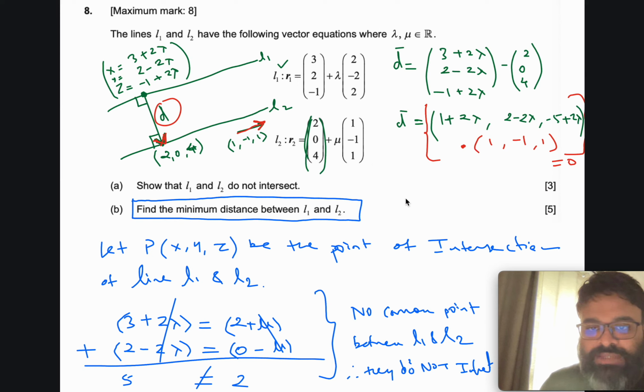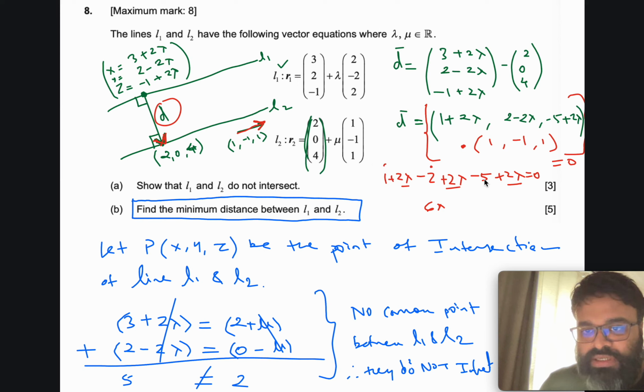Okay, so 1 times this, 1 plus 2 lambda, minus 1 times this, minus 2 plus 2 lambda, and 1 times this, minus 5 plus 2 lambda, has to be equal to 0. So you got 2 lambda, 2 lambda, 2 lambda, 6 lambda, and you got 1 minus 2 minus 1 minus 1, and minus 5 is minus 6. So it's 6 lambda minus 6 is equal to 0. So 6 lambda equal to 6, lambda is equal to 1.